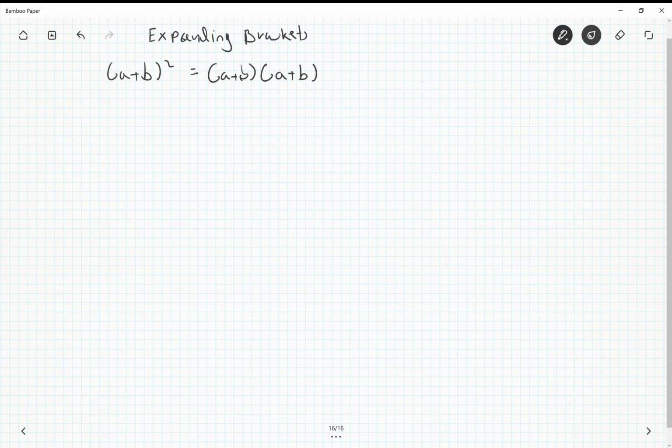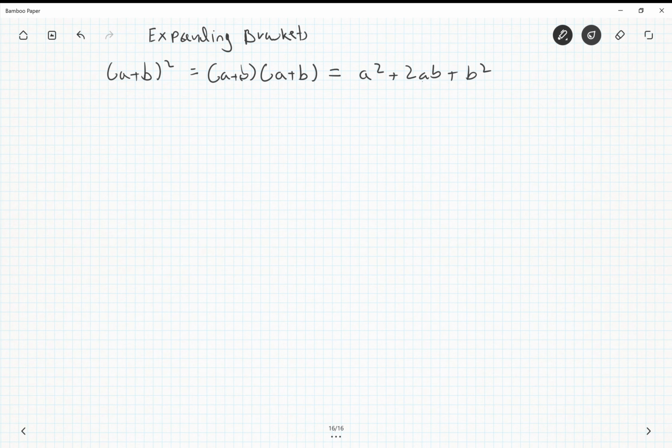And the reason for that is, let's assume it was 2 squared. Well, 2 squared would just be 2 times 2. Using that same logic, it would be a plus b times a plus b. And that would equal a squared plus 2ab plus b squared. And I've already shown how this works, so no need.